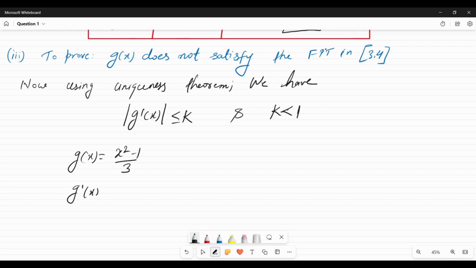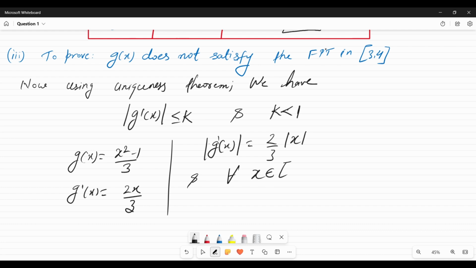Differentiating it, g'(x) is equal to 2x by 3. Mod of g'(x) will be 2 by 3 into mod of x, and for all x belongs to [3, 4], mod of g'(x) will be greater than 1 for sure.